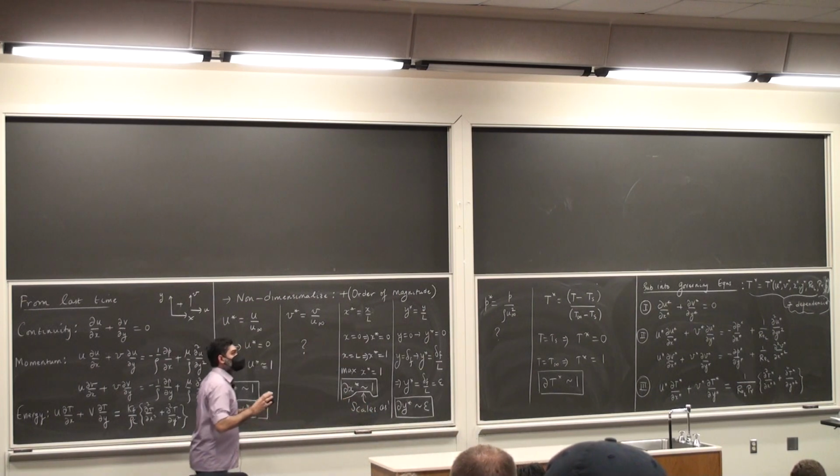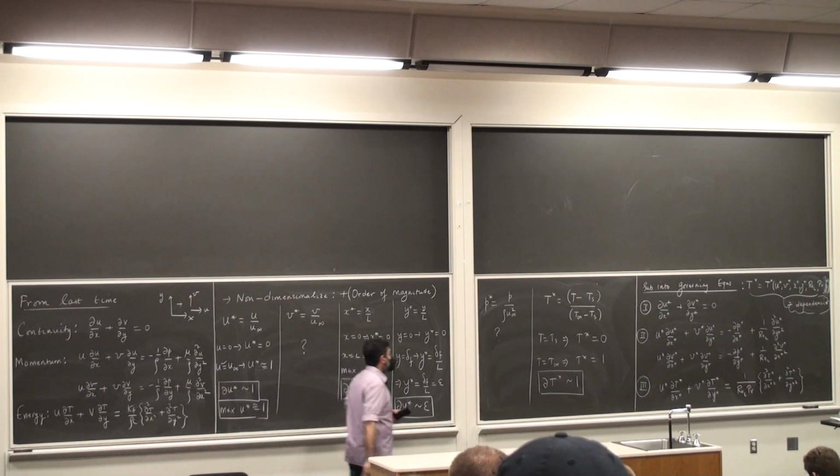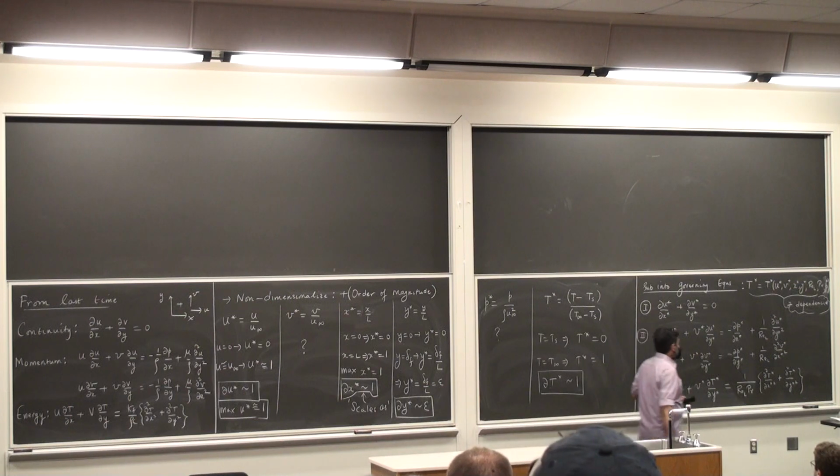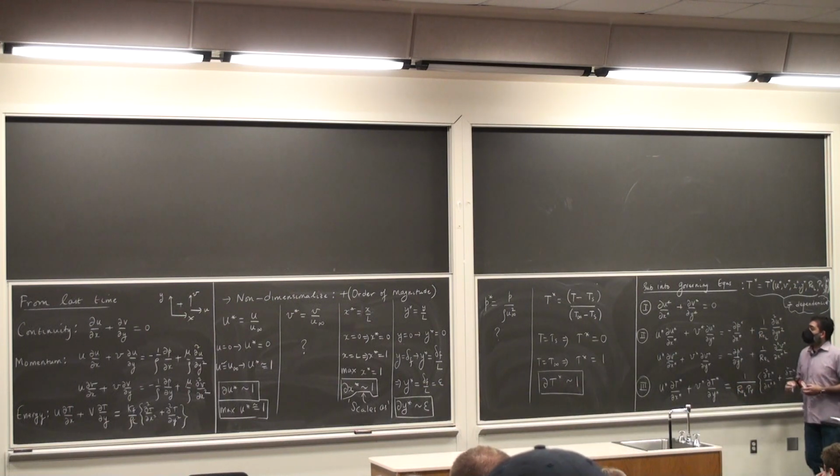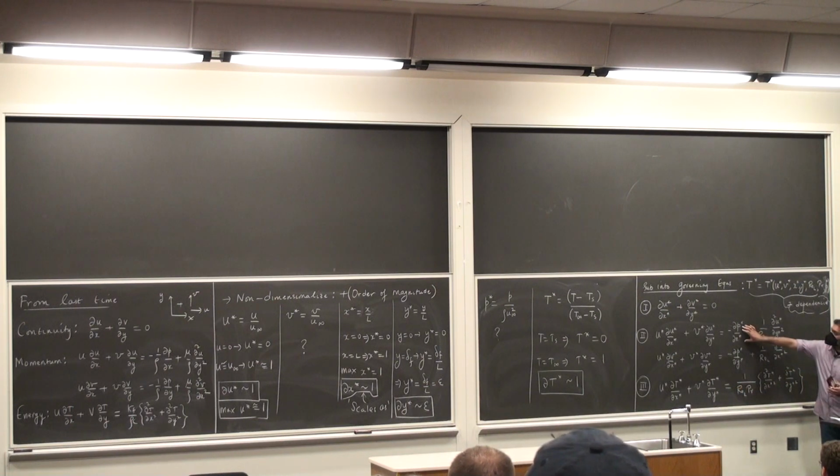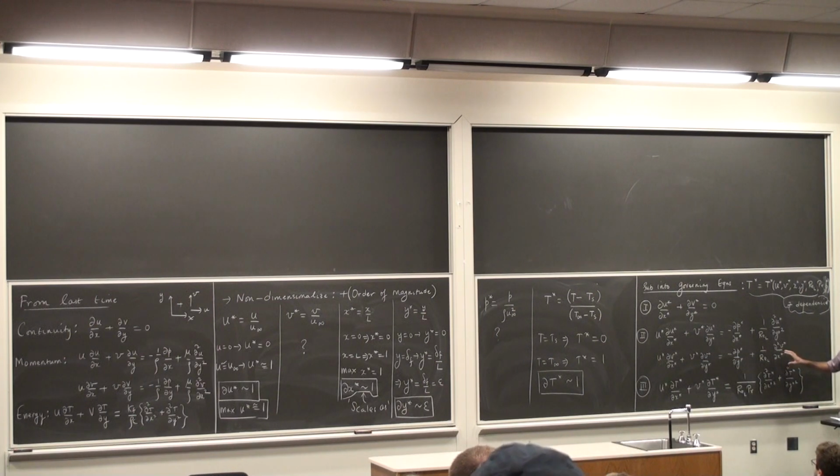And our whole aim is this, okay? So somehow, if I can say, all right, forget this dp star by dx star, forget dp star by dy star, forget this entire second equation here. Let's just throw it out of the window. Do something similar here and get rid of this, as you will see.